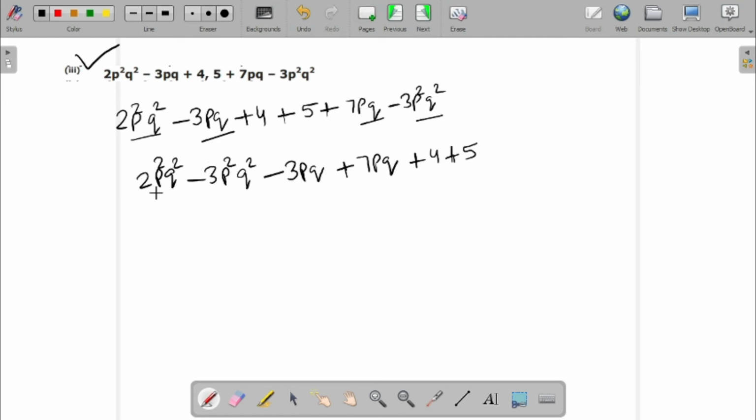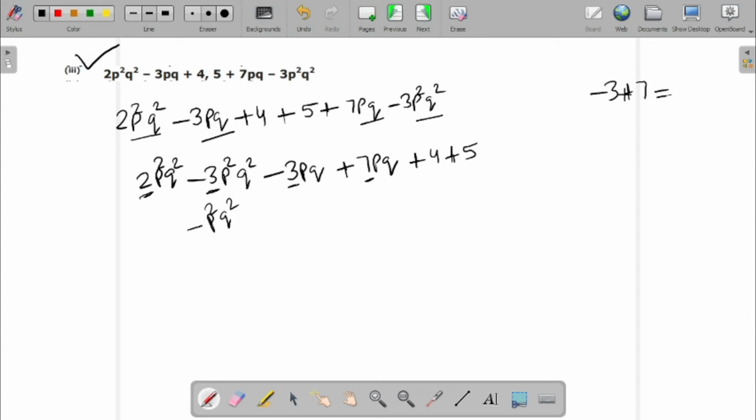Now, since it is 2p square q square, this is minus 3p square q square. That means 2 minus 3 is minus 1. So we write it here minus p square q square. Here minus 3 and plus 7. Just like an integer, you can take it out, minus 3 plus 7.